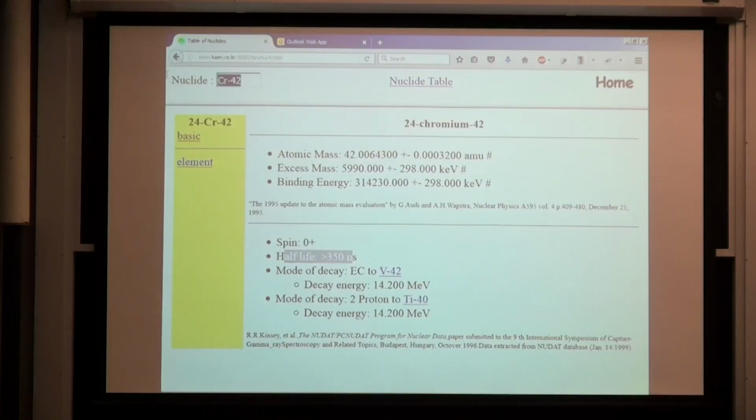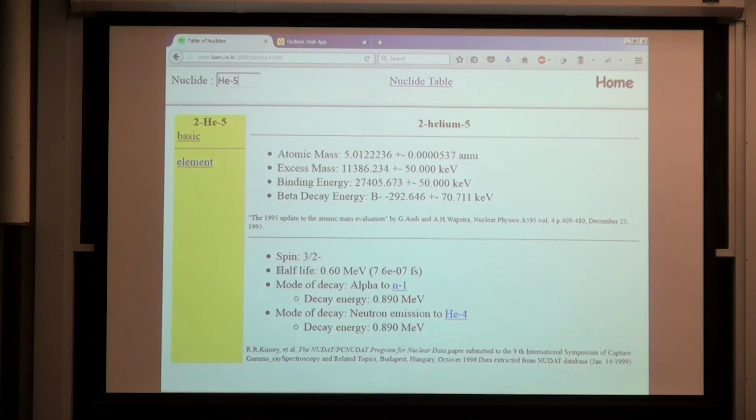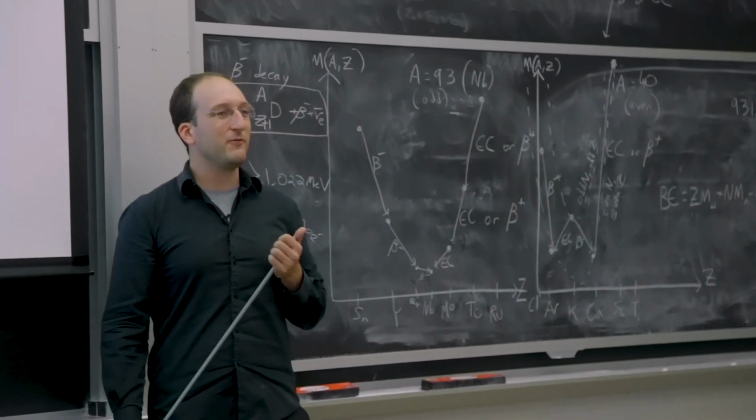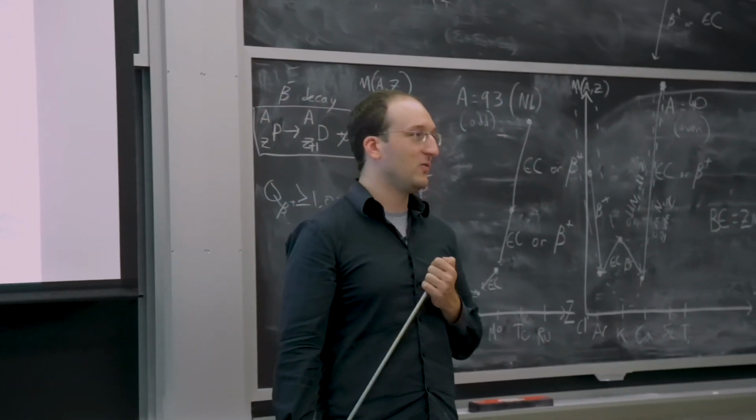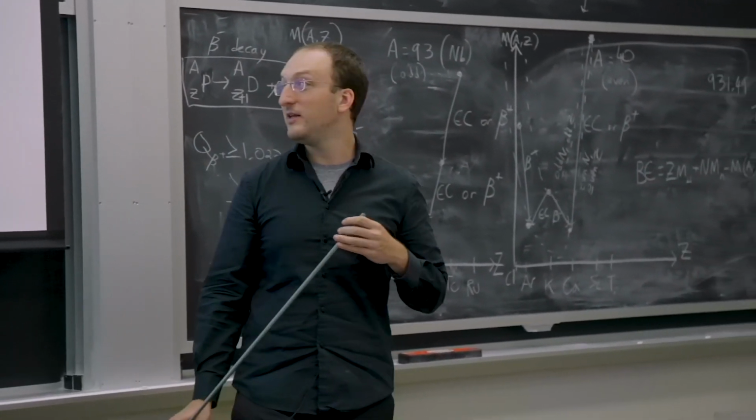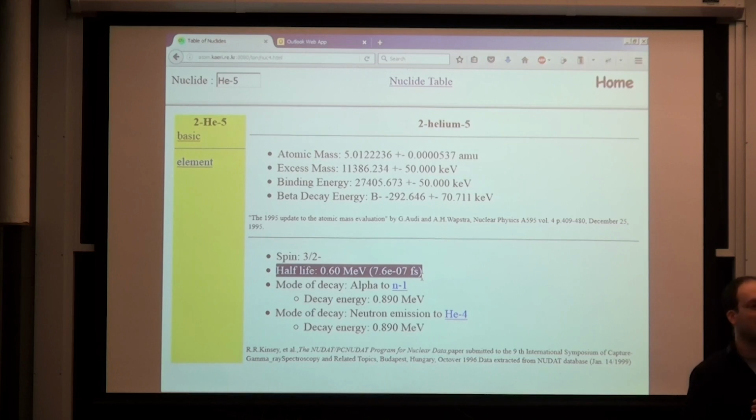If you look at helium-5, its half-life is measured in MeV, or 7 times 10 to the minus 7 femtoseconds. So if helium-4 absorbs a neutron, it simply doesn't want it and gets rid of it in 10 to the minus 7 femtoseconds, which tells us that it's exceptionally unstable.